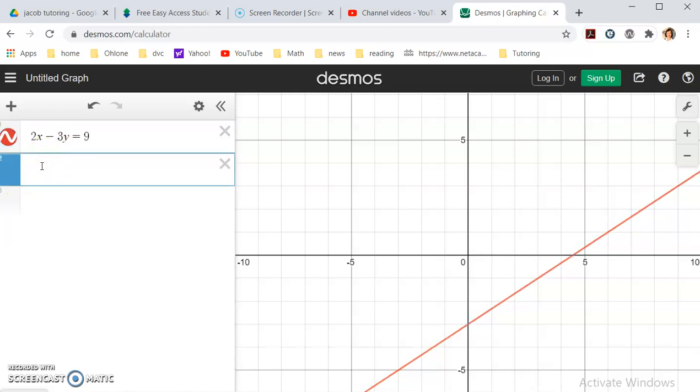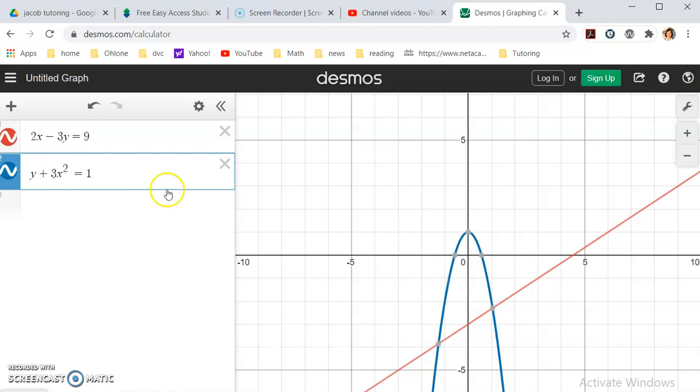And then when would you have a parabola? You have a parabola if you have x squared. So you can have y plus 3x squared equal to 1. It is a parabola, a down parabola.